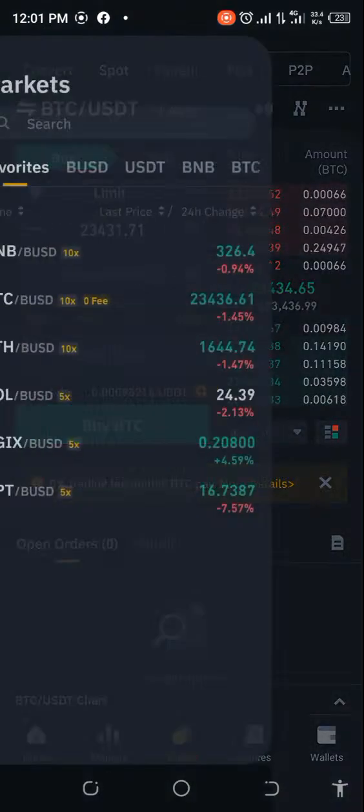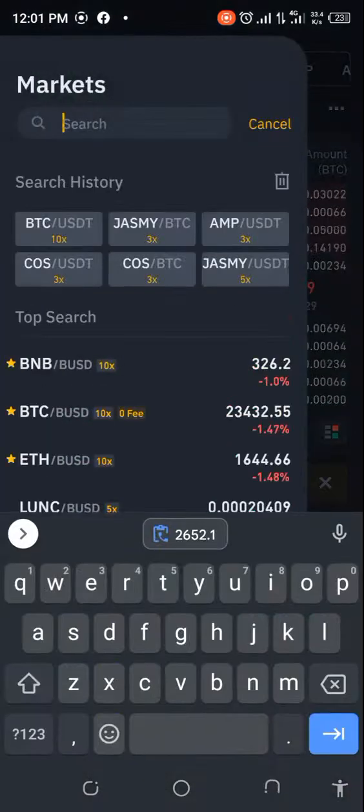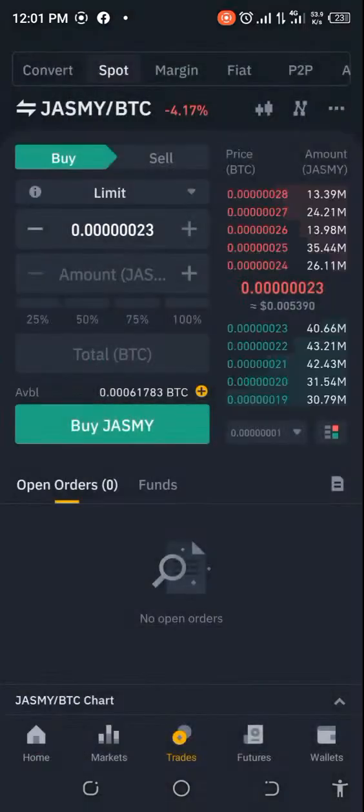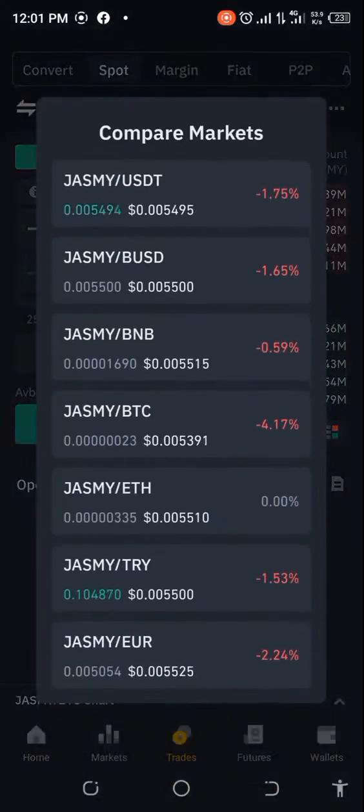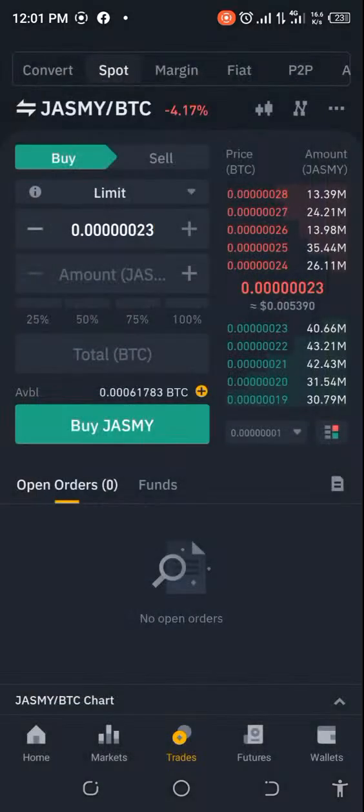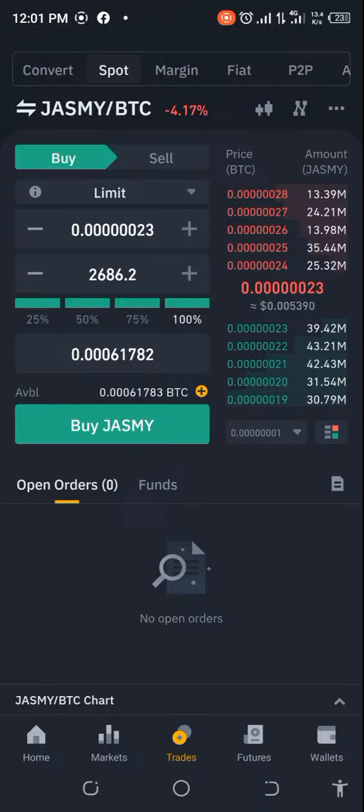So we go ahead and choose Jasmine BTC. I'm going to check one more time just to be sure that everything is still intact. Looks so. And everything I'm doing here, don't forget, is by limit. So I'm just going to take a screenshot of that, and I'm doing this by limit. Let's go ahead and do this one.